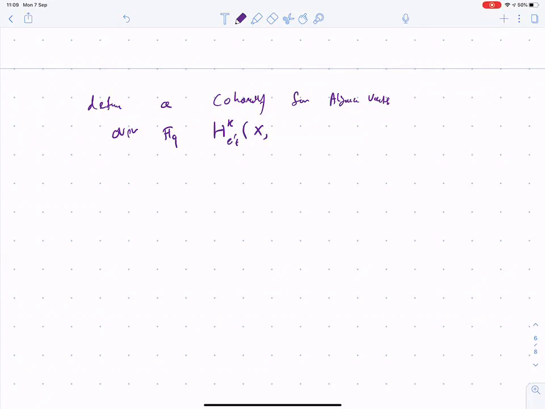So instead you need to use another field, and it turns out that the field that you need to use, you choose some l prime, which is different than the characteristic of F_q, and you define something which lives over the l-adic rationals. That's what you get.